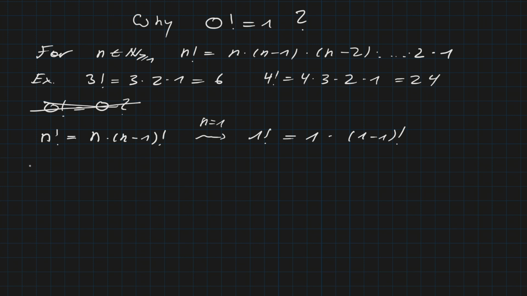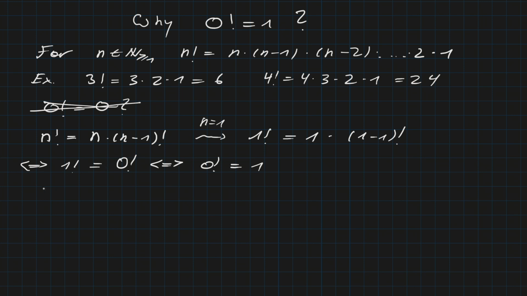This is equivalent to 1 factorial still equalling, we can just leave out the multiplication with 1, 0 factorial on the right hand side, because we have here 1 minus 1 factorial. And this is again equivalent to 0 factorial equals 1. So there you have it. 0 factorial equals 1 according to this general principle of factorials.